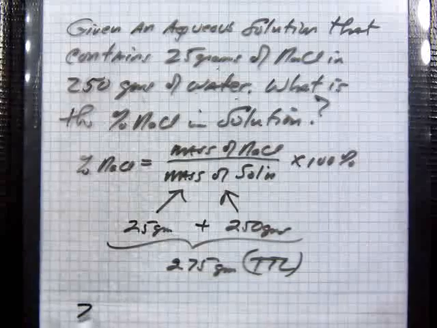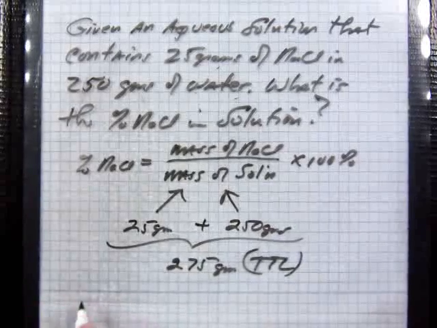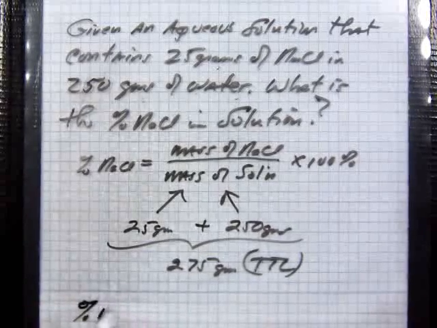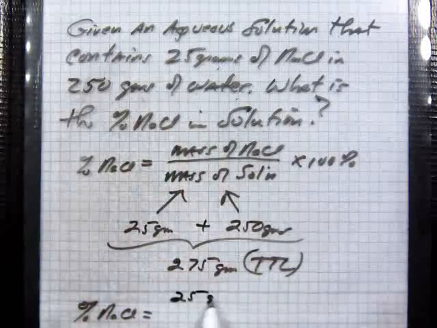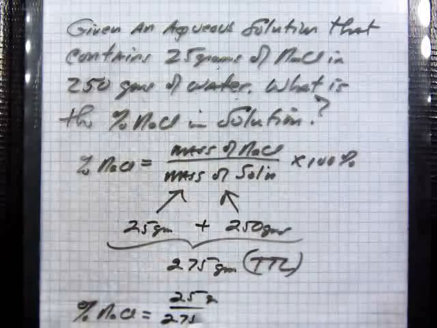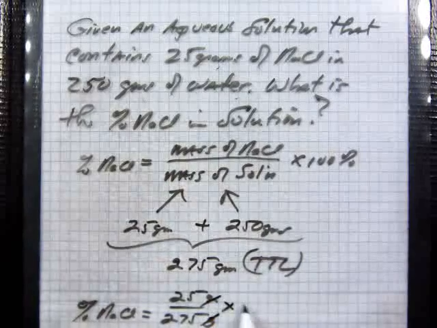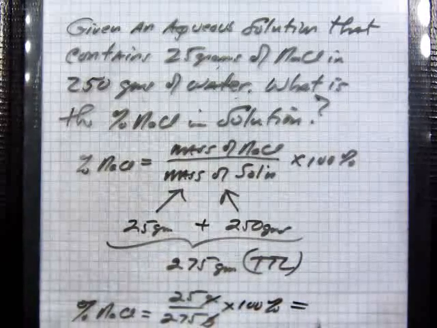So this percentage problem then, sodium chloride is 25 grams over 275 grams, which drop out, multiply times 100%.